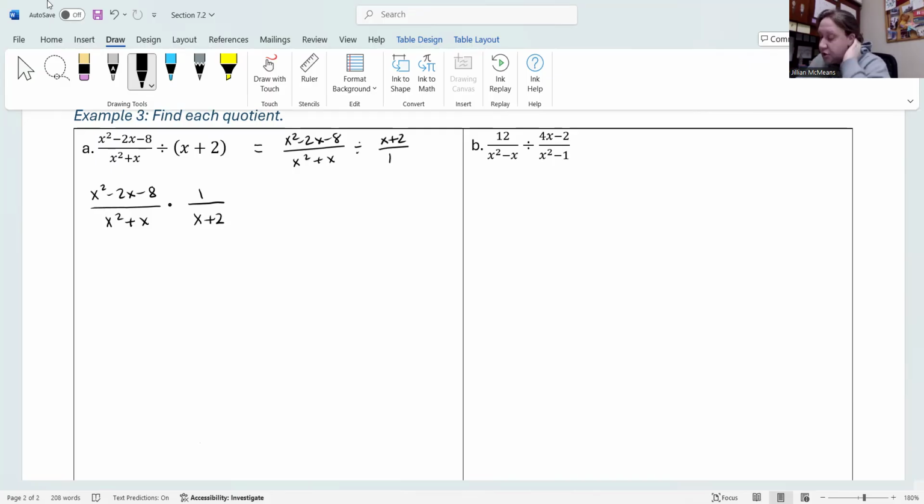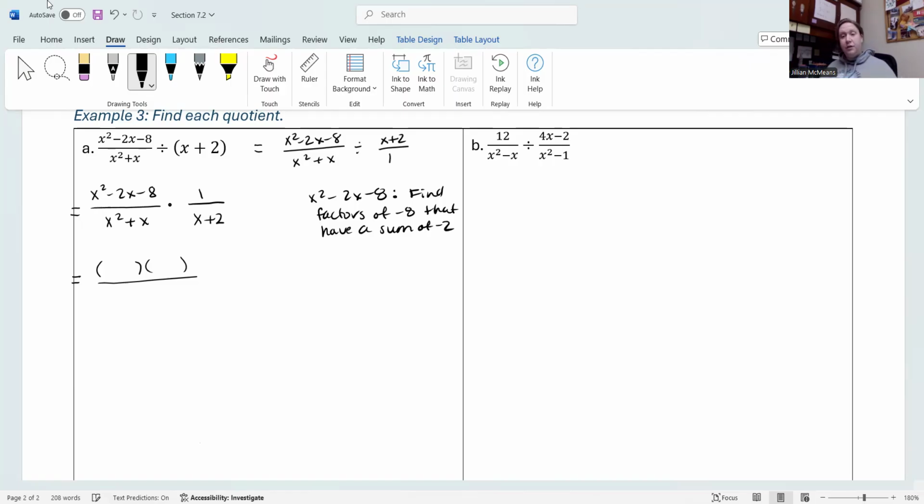So looking at my first numerator, I have x squared minus 2x minus 8. This is a quadratic trinomial, and luckily the coefficient on the squared term is 1, which means it's like the shortcut factoring. It's pretty straightforward. So we want to find our two binomials. So when I'm dealing with x squared minus 2x minus 8, what I want to do is find factors of -8 that have a sum of -2.